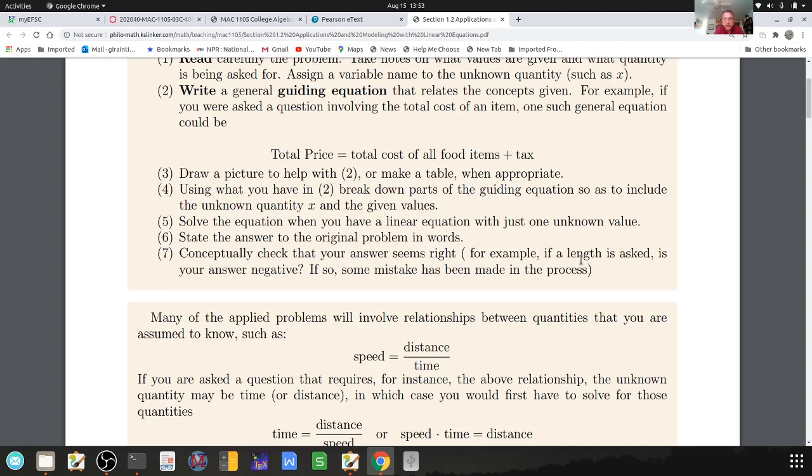State the answer to the original problem in words. Number 7 is really important: conceptually check that your answer seems right. If length is asked for, is your answer negative? Do we have such a thing as a negative length? Doesn't make sense. That's a good hint that you've done something wrong.